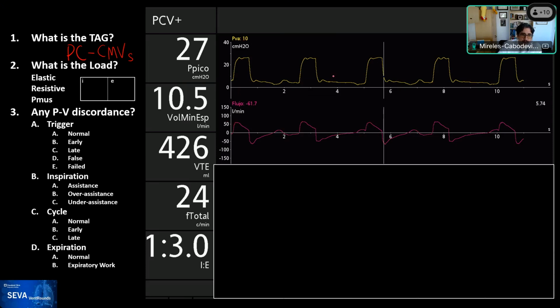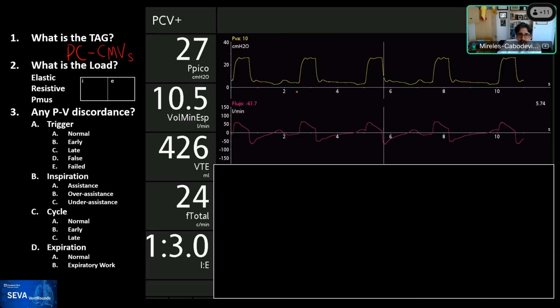And then we said that CMV means that it's continuous mandatory ventilation. So all breaths are mandatory. And that means that it can be triggered by the patient or the ventilator and cycled by the ventilator in this case. And what you will see in this circumstance is that the ventilator will tell you when the patient is triggering or when it thinks that the patient is triggering.